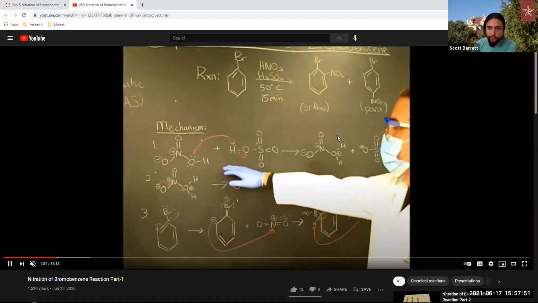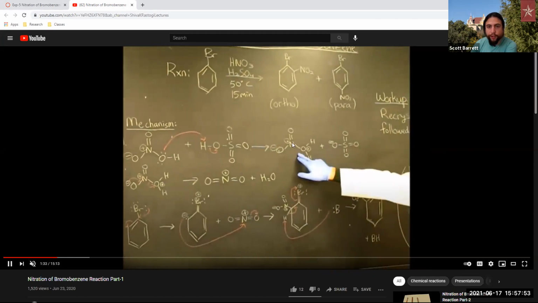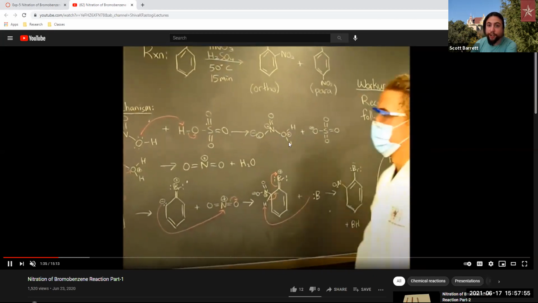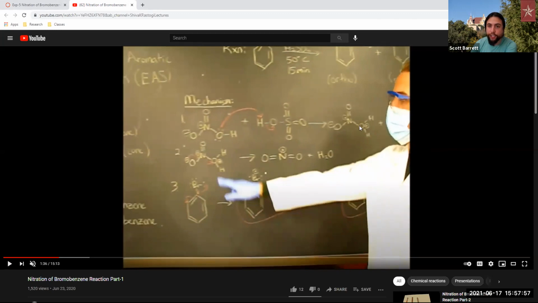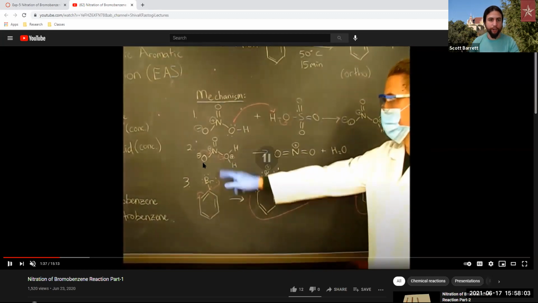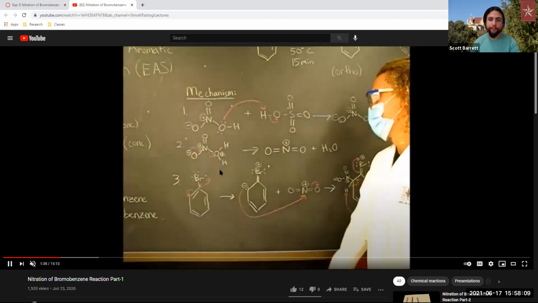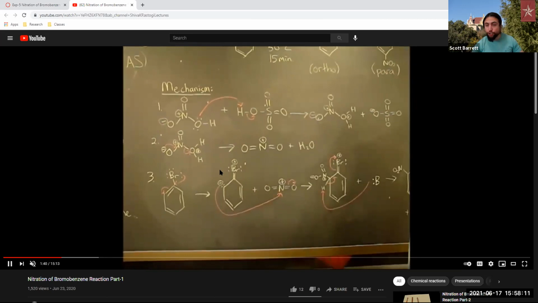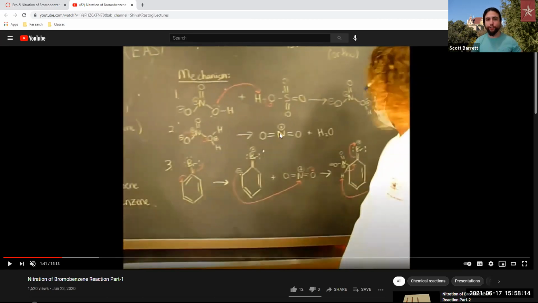Then you're left with your protonated nitric acid, and you see here, this looks like water on the side, HOH. This is a common mechanism in chemistry for water to leave the system. So the electrons from your oxygen can move down to create a double bond to nitrogen, and water can leave your system to create the nitronium ion. You have nitronium and water as a side product.